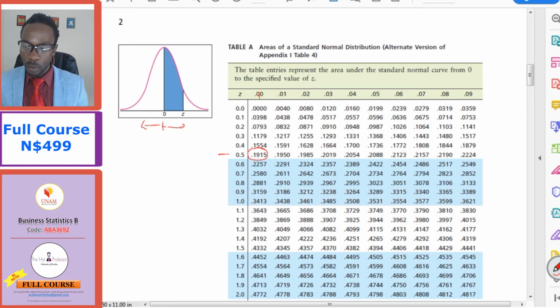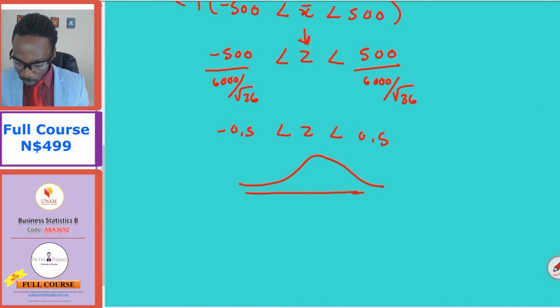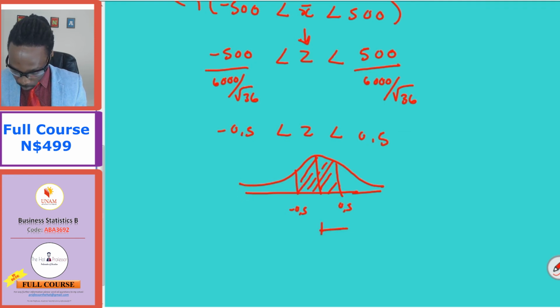So here it's 0.5, here it's negative 0.5, and what we want is the middle, all that area. From the table we found 0.1915 from here to there, so it will also be the same here, 0.1915.